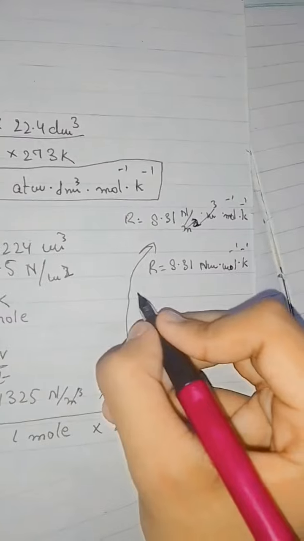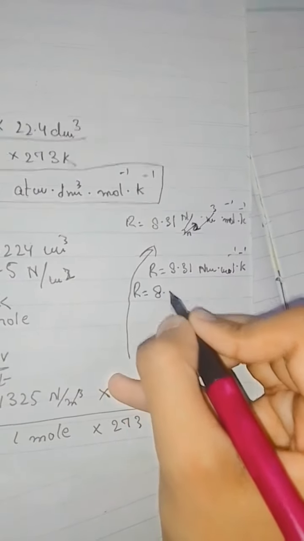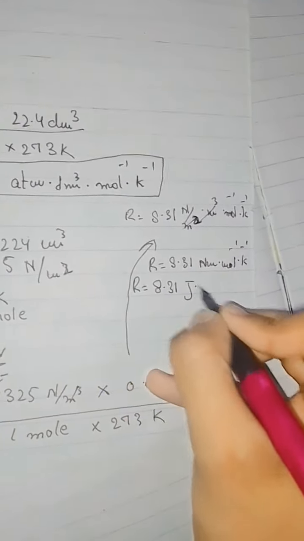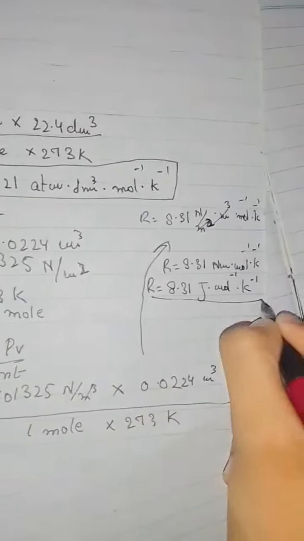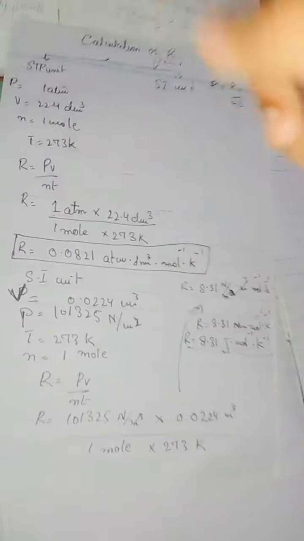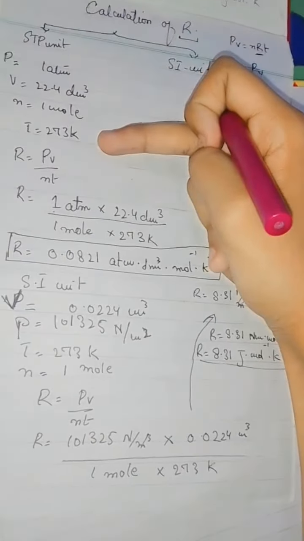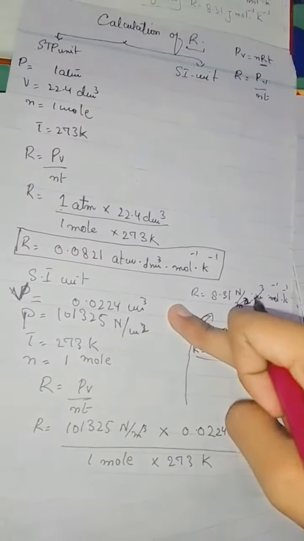As Newton into meter is equal to the joule, we can also write 8.31 joule into mole inverse into Kelvin inverse. That is the final value of R in SI unit. So these are the two values of R: first is in STP unit, second is in SI unit.